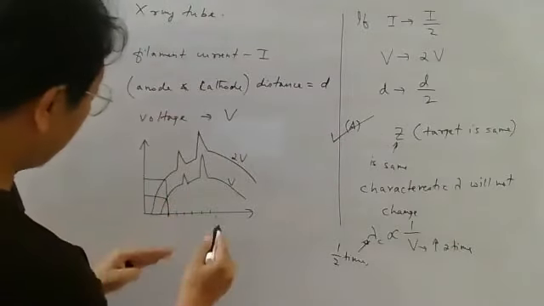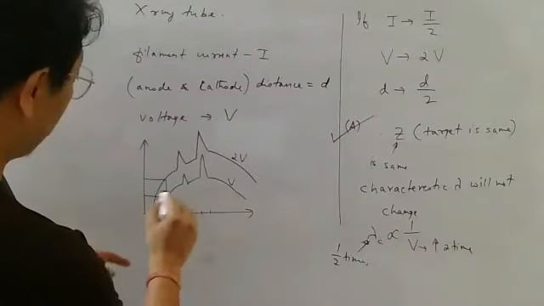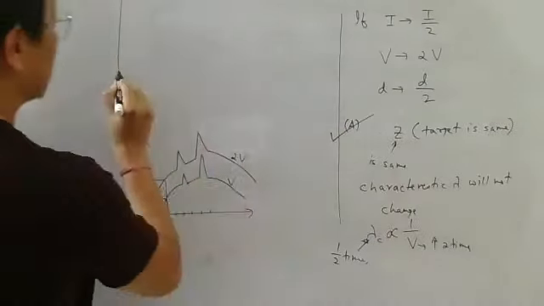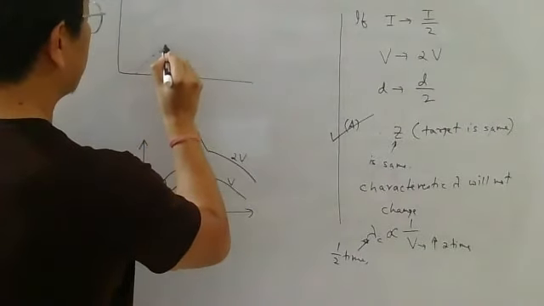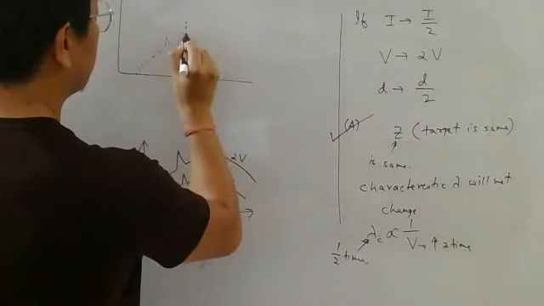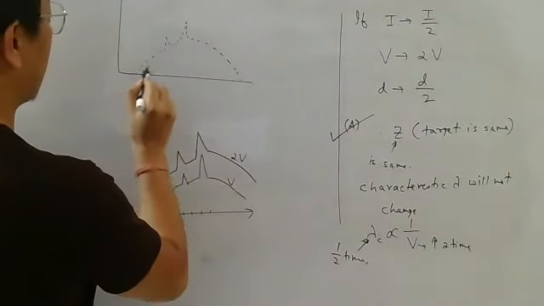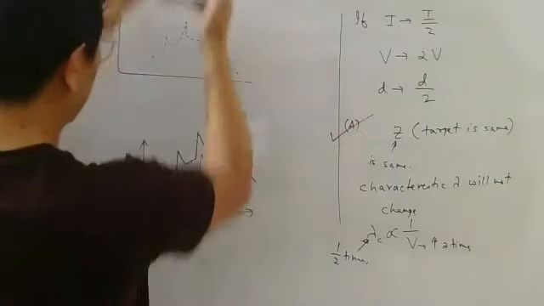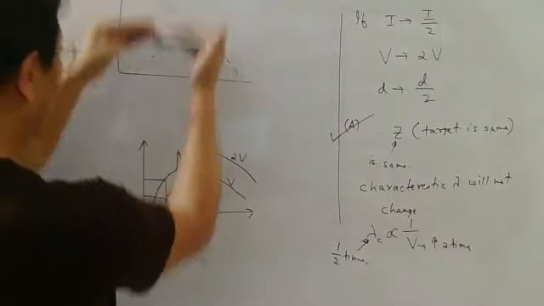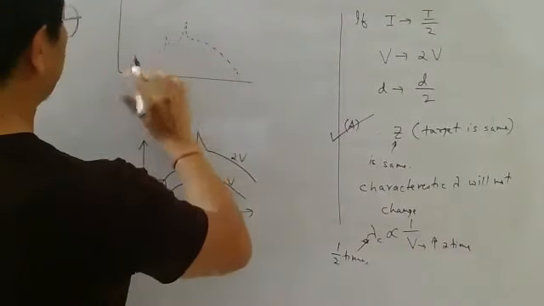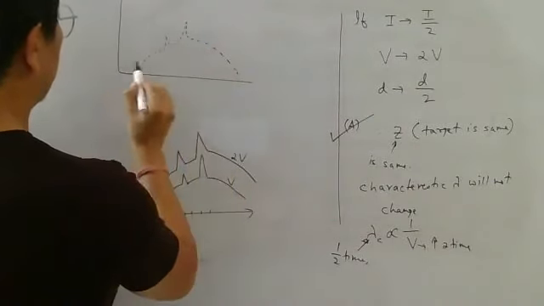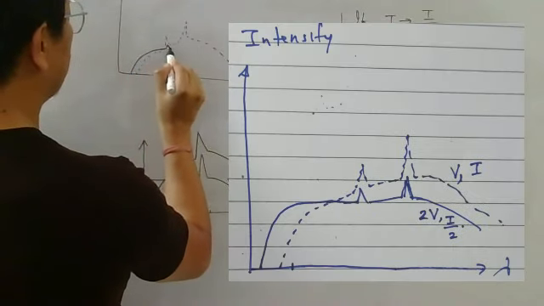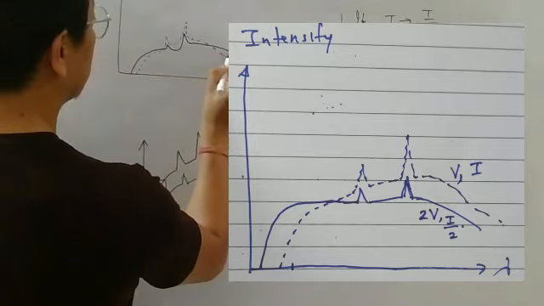So now it may be something like, I will try to show you. So this is the dotted one. One may be like this, and it should have increased overall, but current they have decreased, so the graph will also come down. So if you shift here and come down, it may become something like this.